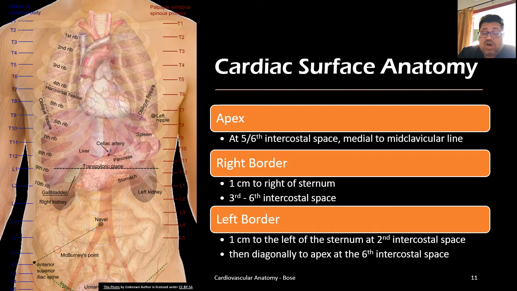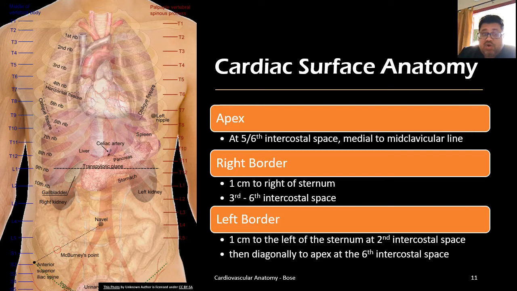The apex of the heart is at the fifth or sixth intercostal space, medial to the mid-clavicular line. The right border of the heart is 1 centimeter to the right of the sternum, within the third through the sixth intercostal space.